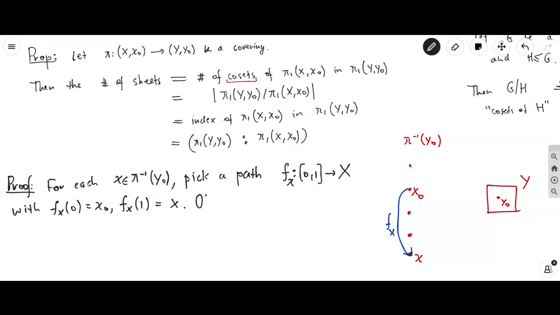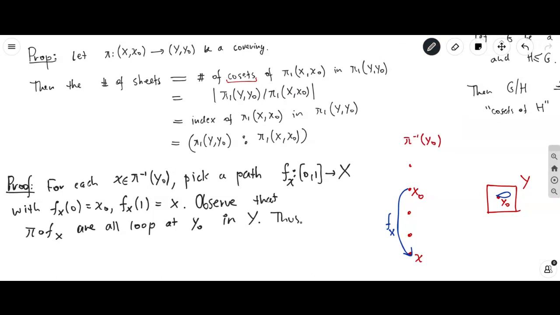And now observe that if you project these paths, so if you do pi composed with fx, these are all loops at y0 in the base. And this should not be x0, this should be y0. So this path over here, because these get mapped to the same point, you end up getting some kind of loop. Right? It gives you some kind of loop. So you just got loops in y.